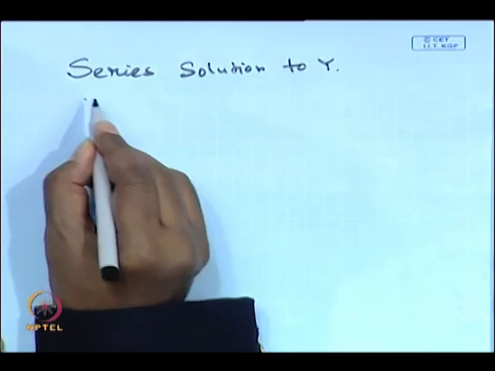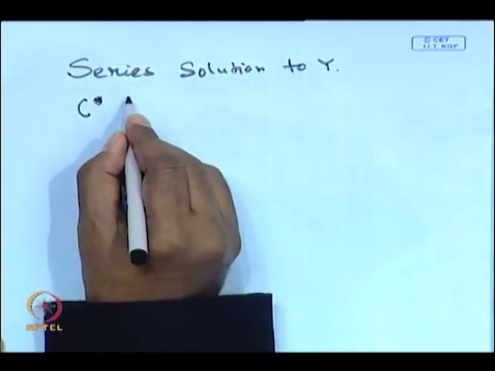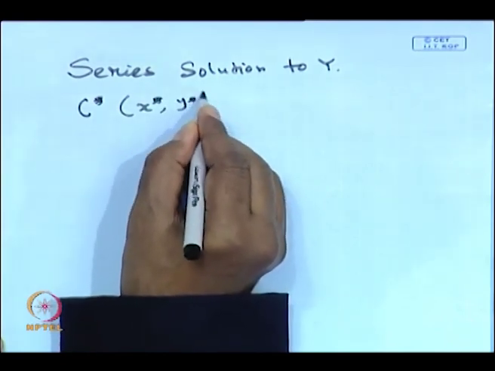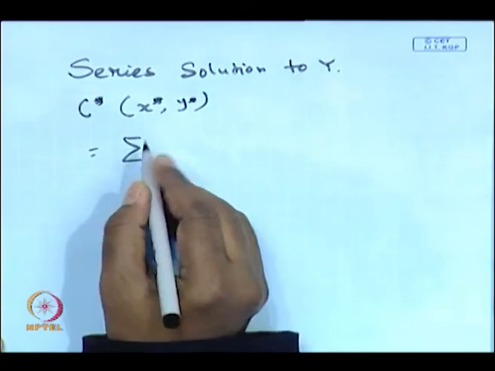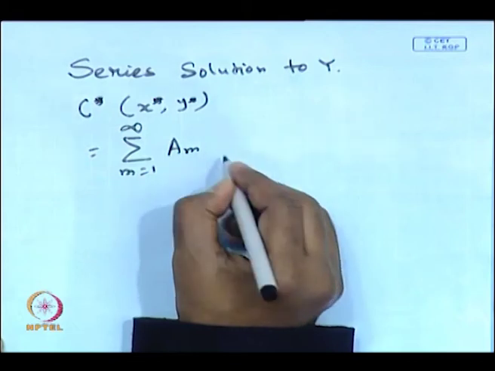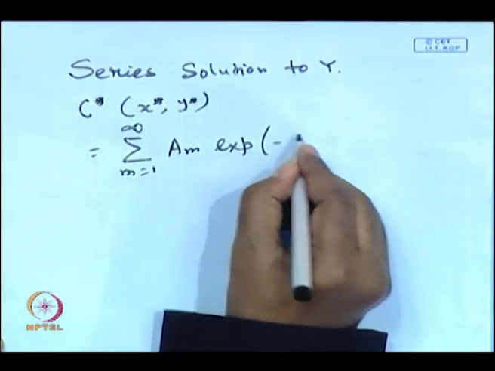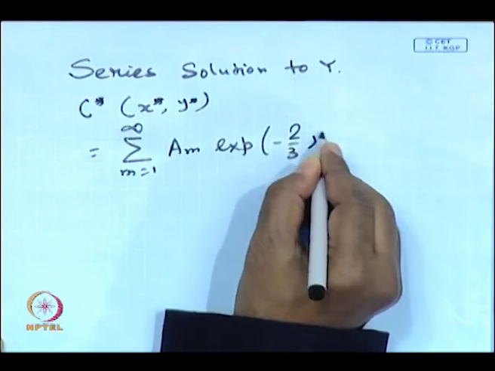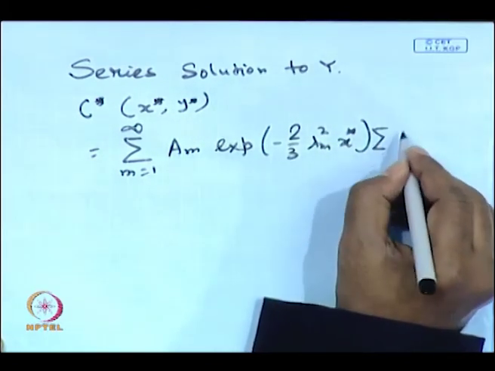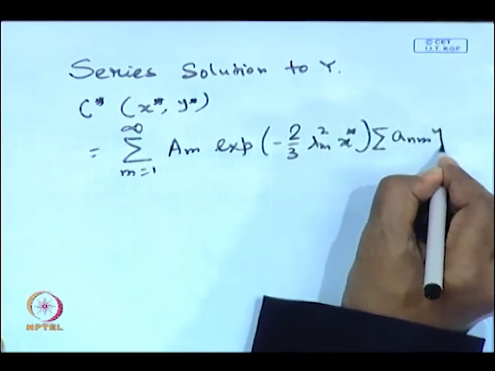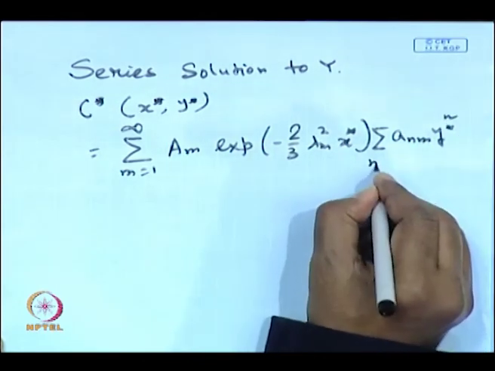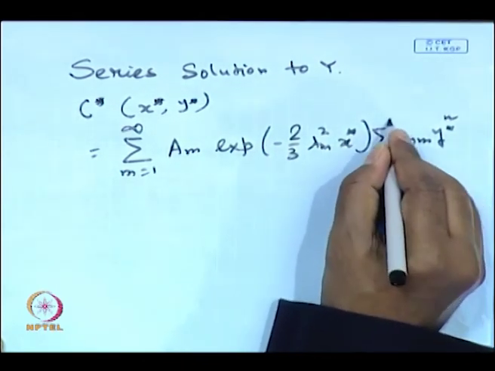The final expression of concentration as a function of x star and y star becomes the summation of a m, where m is equal to 1 to infinity, exponential of minus 2 by 3 lambda m square x star, times the summation of a n m y star raised to the power n, where n goes from 0 to infinity.